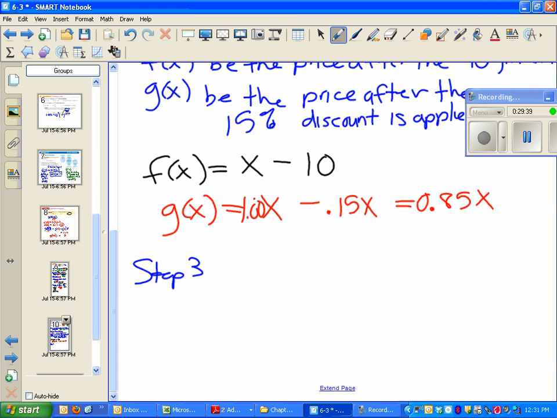This is the last example, so if you can hang on, we are technically almost done. All right, so we're going to compose the functions.